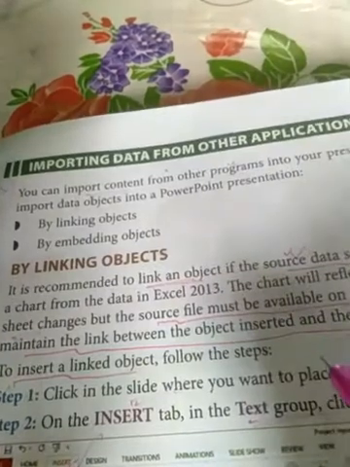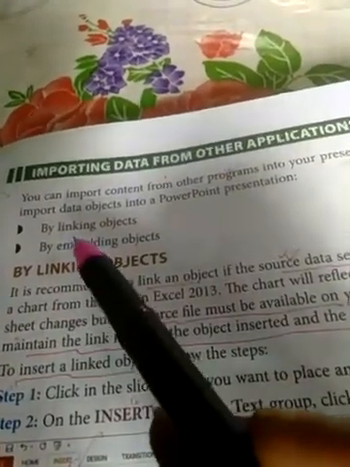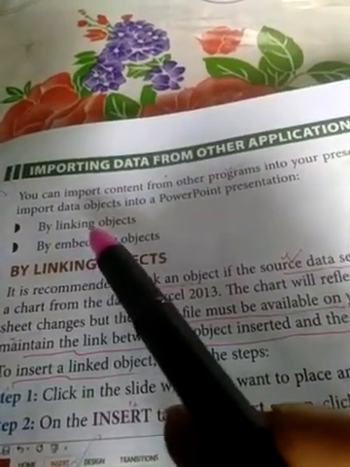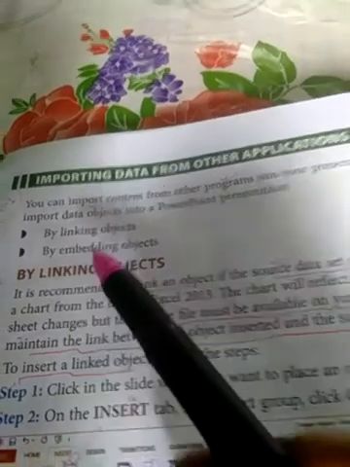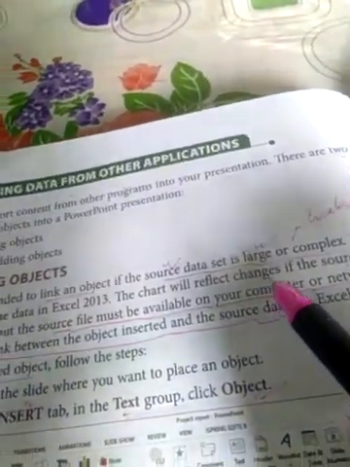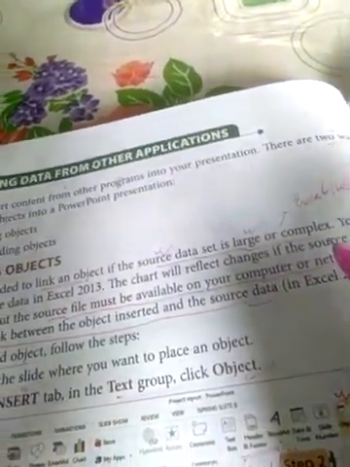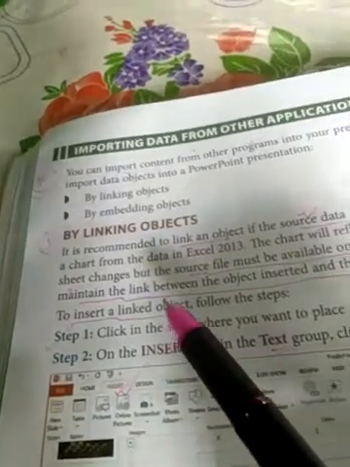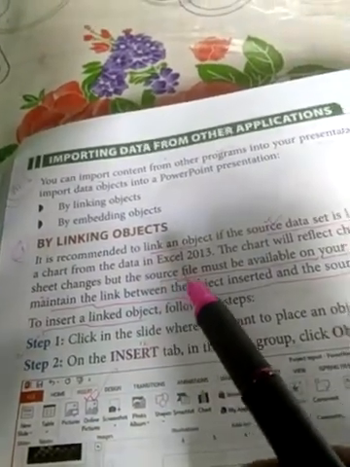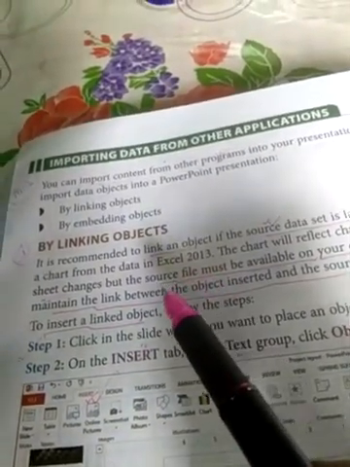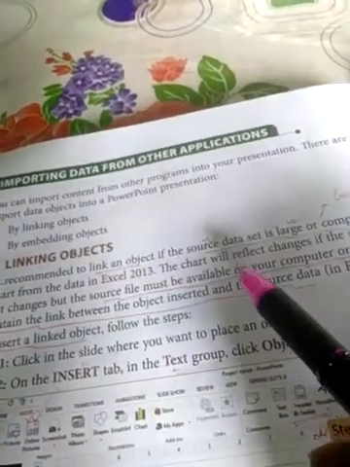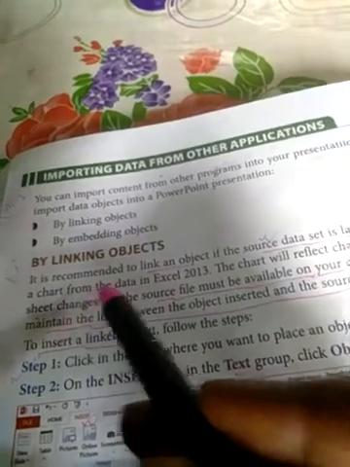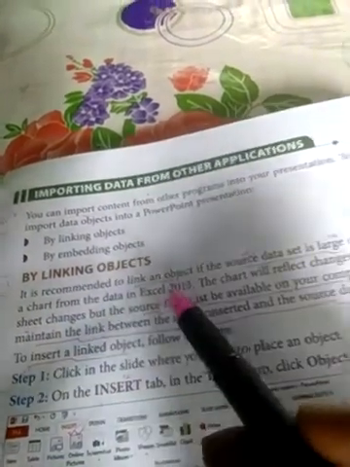So for doing this, we have to choose the first means, that is by linking objects, whenever our source data is larger or more complex. You can link a chart from the data in Excel 2013. So in the form of objects, we can easily link a chart from the data in Excel 2013.